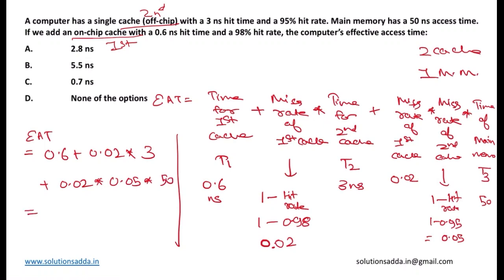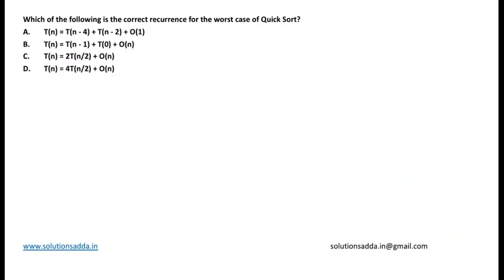So when we solve this, we get the answer as 0.662, that is approximately 0.667, and it will be equivalent to 0.7 nanosecond. Hence the correct answer for this question is option C, 0.7 nanosecond.